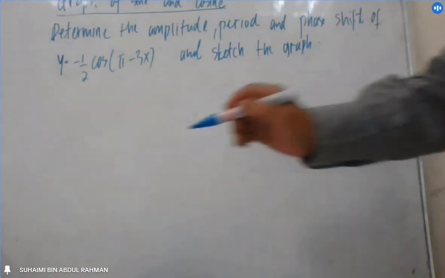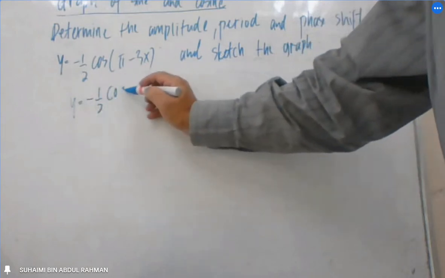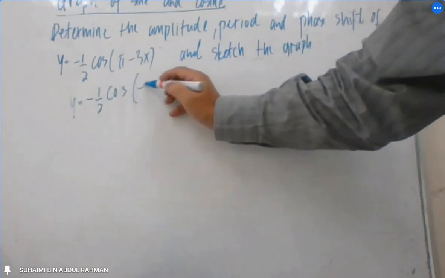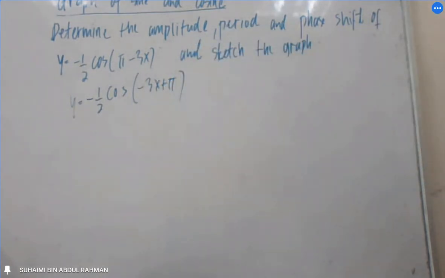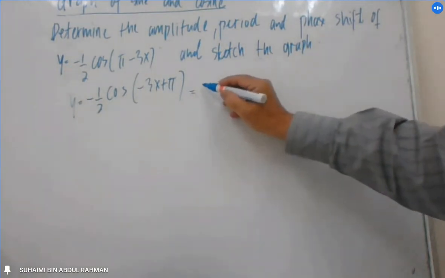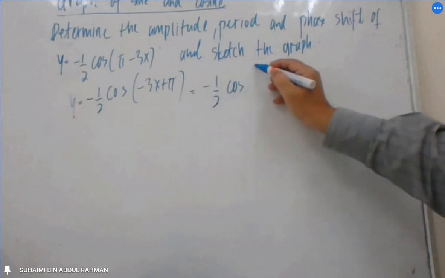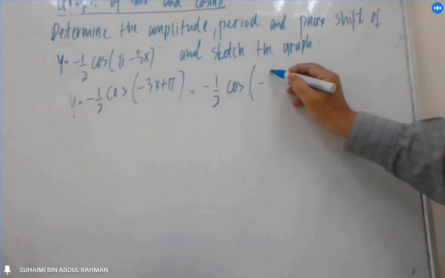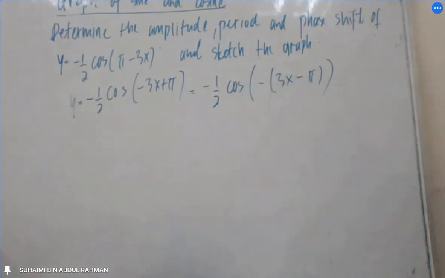It can be written as y equal to minus 1 over 2 cos of minus 3x plus pi, which can be written as minus 1 over 2 cos of minus 3x minus pi.